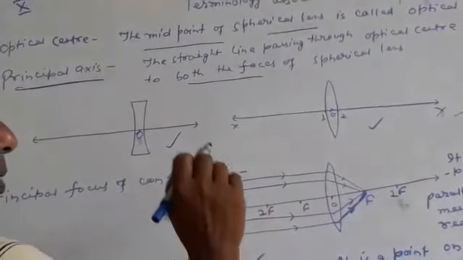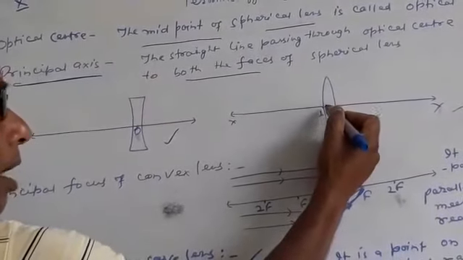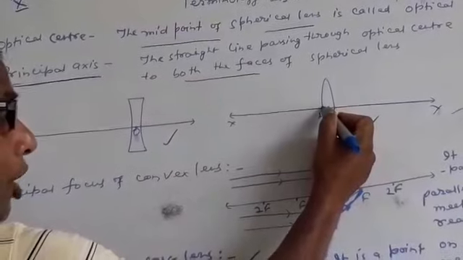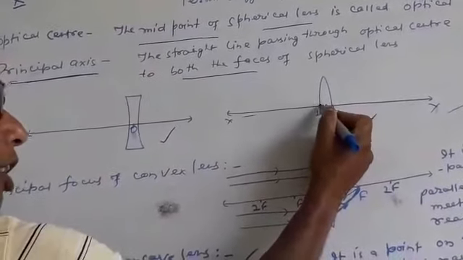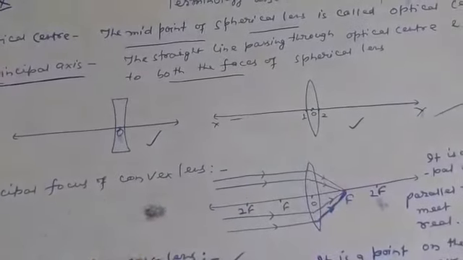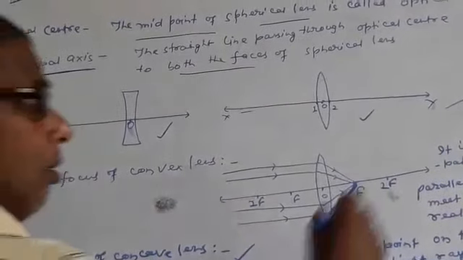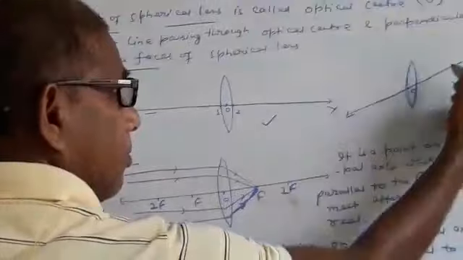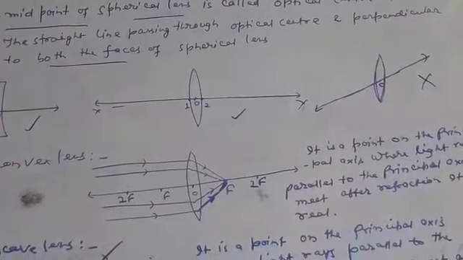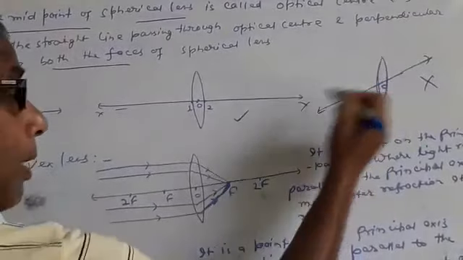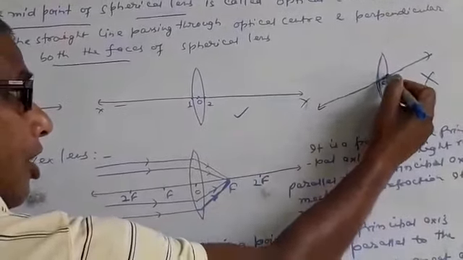The line must pass through the optical center and be perpendicular; at this point, the line makes an angle of 90 degrees. If any student draws a line like this, it is passing through the optical center, but it is not perpendicular to both the faces.